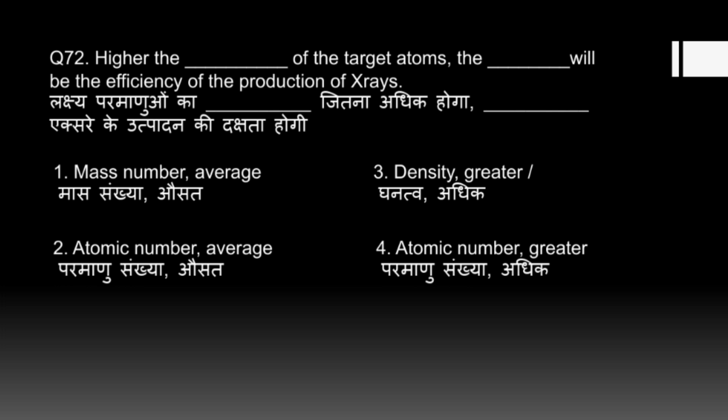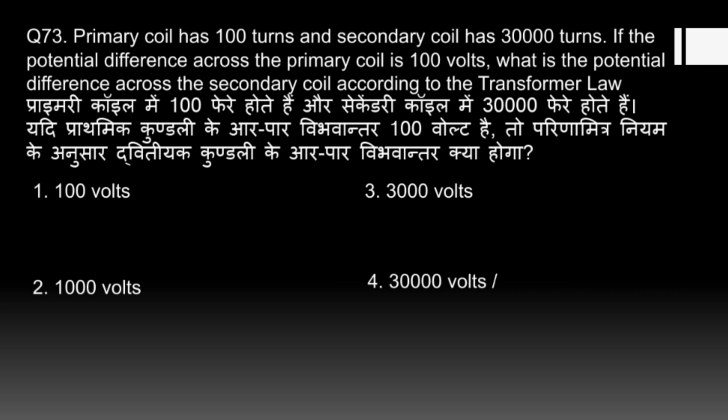73. The primary coil has 100 turns and the secondary coil has 30,000 turns. If the potential difference across the primary coil is 100 volts, what is the potential difference across the secondary coil according to the transformer law? As we know, this comes from the transformer law, which states that the number of turns of the primary coil upon the number of turns of the secondary coil is equal to the voltage of the primary upon the voltage of the secondary.